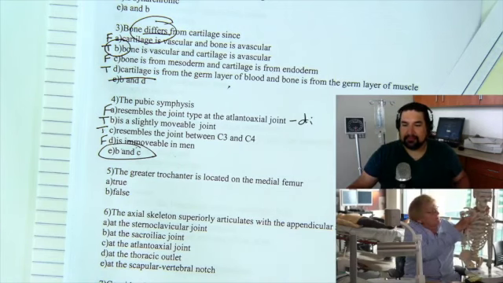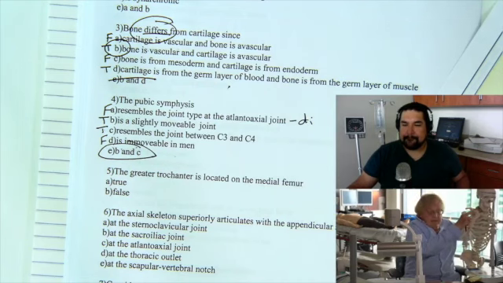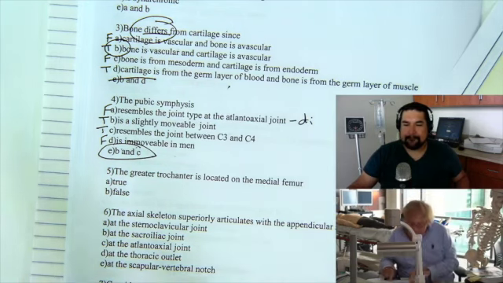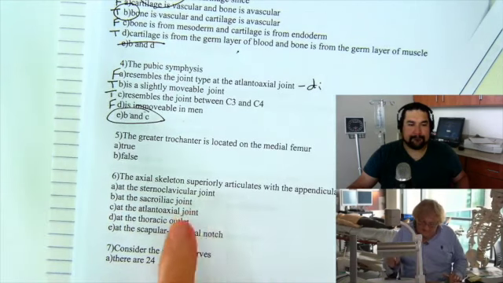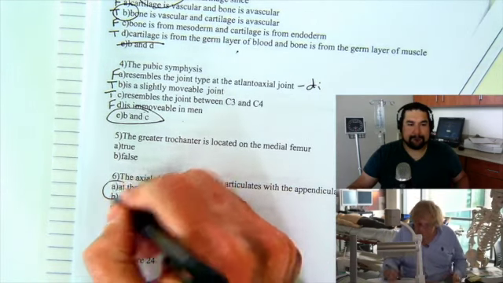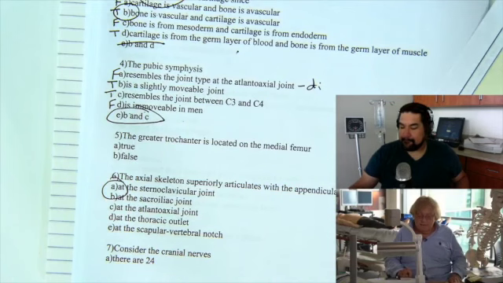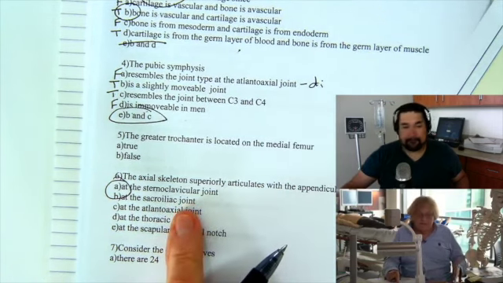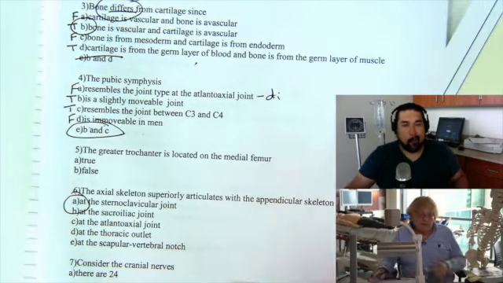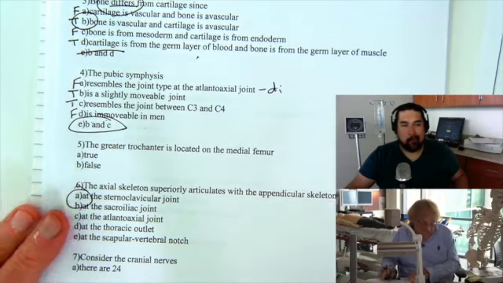Well, it's got to be right here. If this is the sternum and this is the clavicle, let's look for that answer. And sure enough, number 6 says at the sternoclavicular joint, so that is the right answer. Sacroiliac joint would be if I was talking about the inferior articulation.